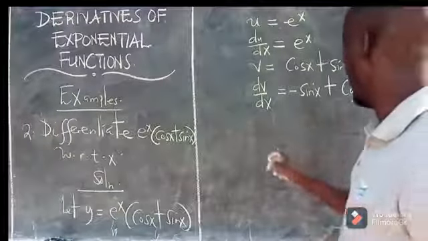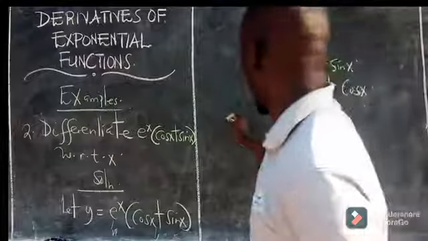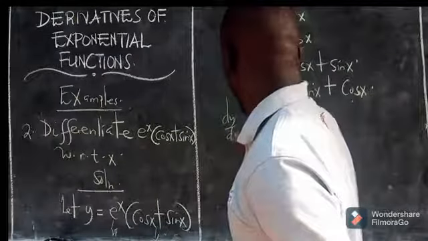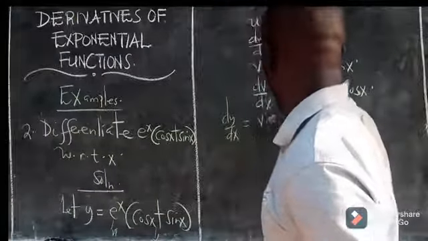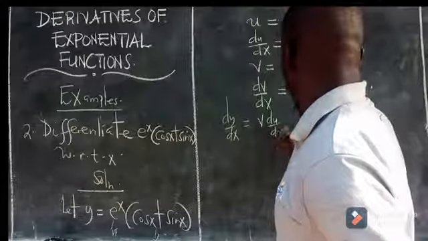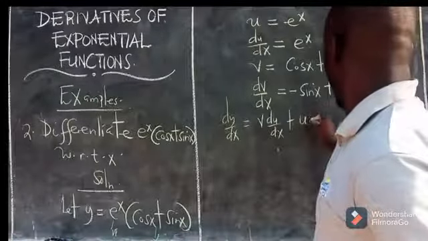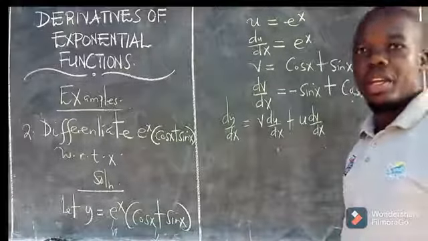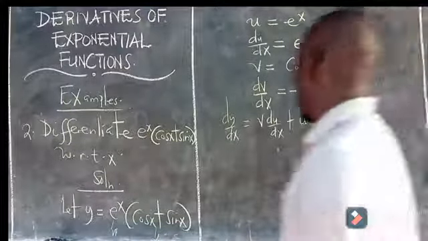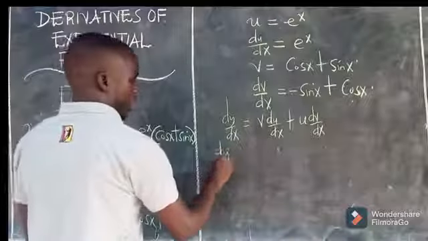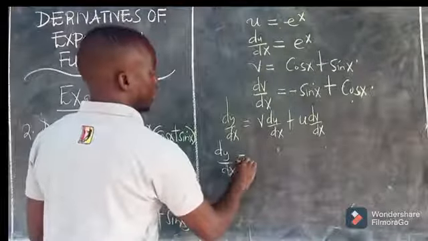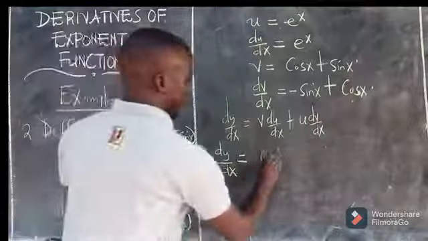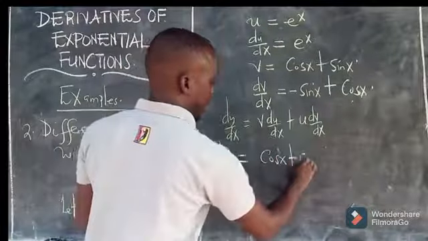Now that we have the dv/dx, we can bring the formula for the product rule, which is v du/dx plus u dv/dx. Next step will be automatic substitution. We already have our v. Our v is already cos of x plus sine of x.